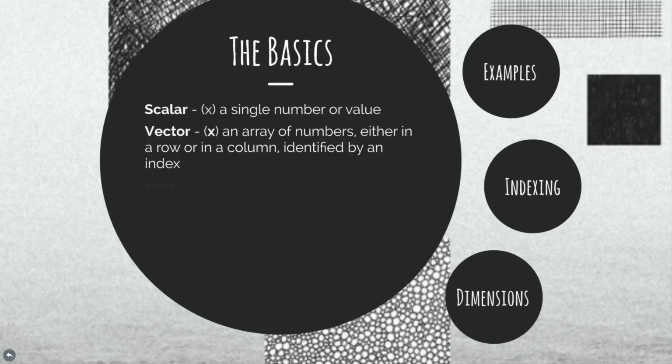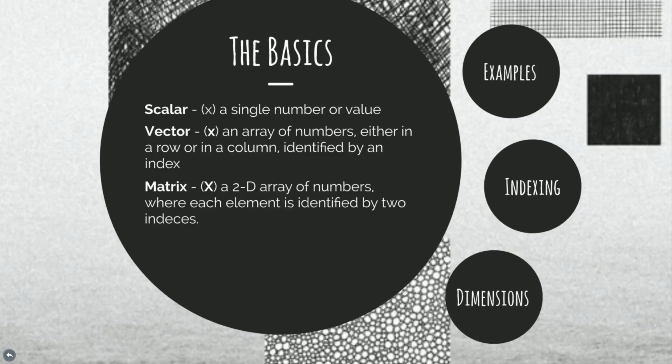We can move on from a vector and get a matrix, which is going to have two indices now. So it's a two-dimensional array of numbers where each element is identified by these two indices. And this is going to be denoted with a capital and bold variable in most of our lectures here. All right, so we have scalars, vectors, and matrices.